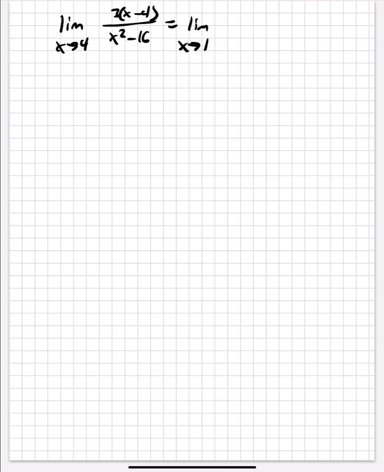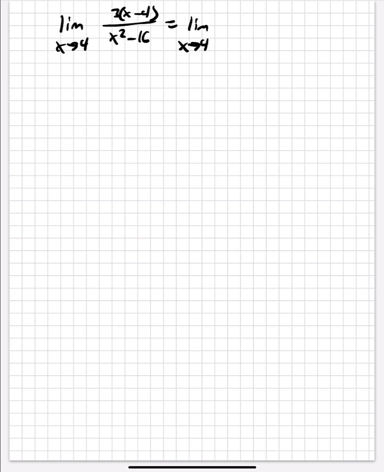Okay, so let's look at that same example. So let's say that the limit as x approaches 4 of 3 times x minus 4 over x squared minus 16. So now using L'Hopital's rule, I'm going to just take the derivative of the top and the derivative of the bottom.